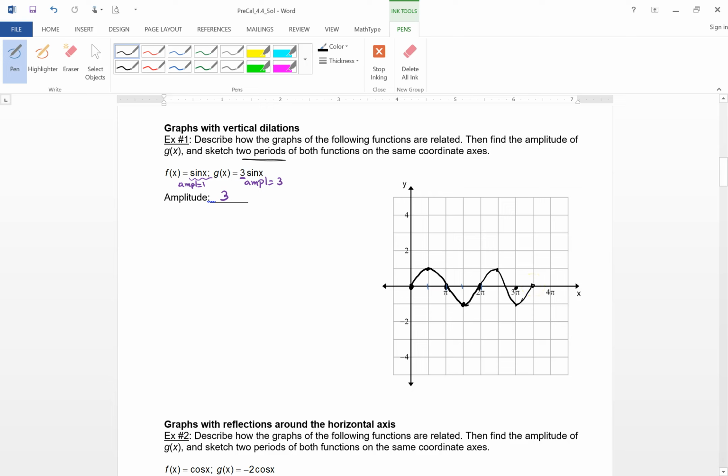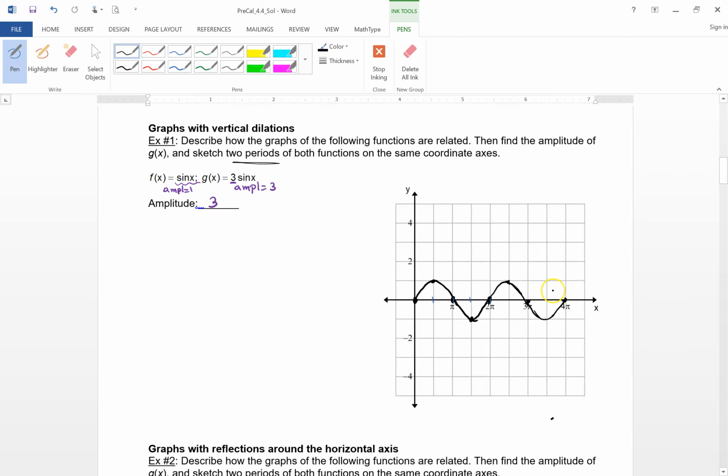This is still for the sine. Okay? We go to 4 pi. So this is f of x equals sine of x.